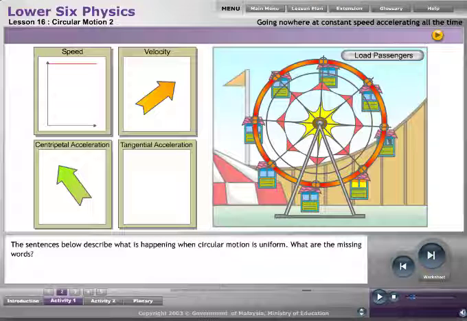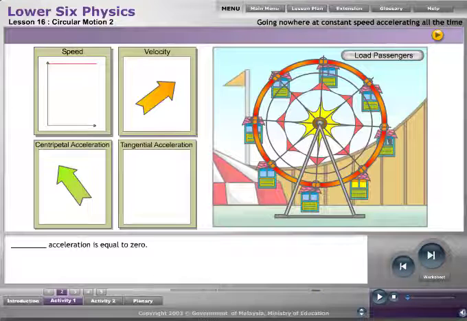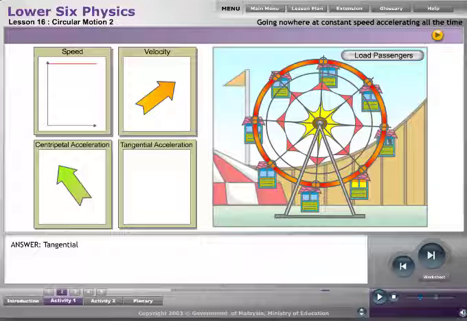The sentences below describe what is happening when circular motion is uniform. What are the missing words? Blank acceleration is equal to 0. Answer: tangential.